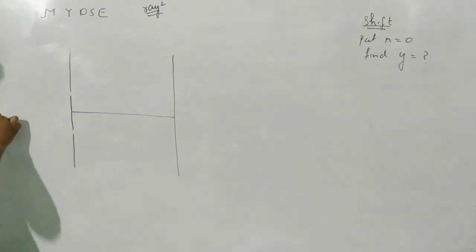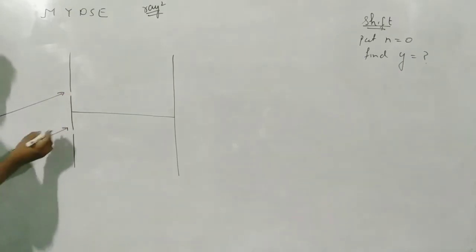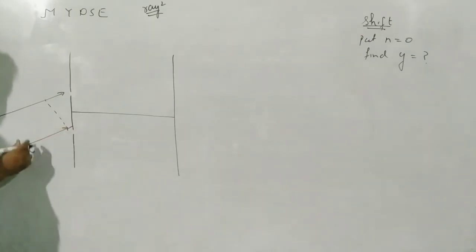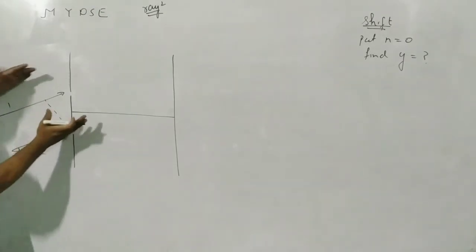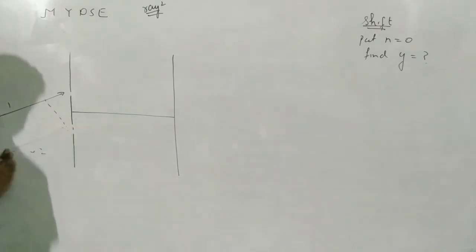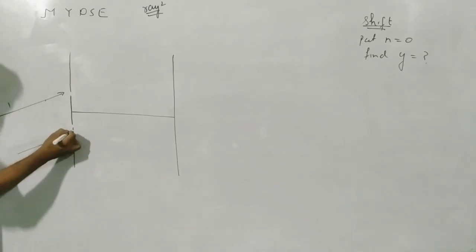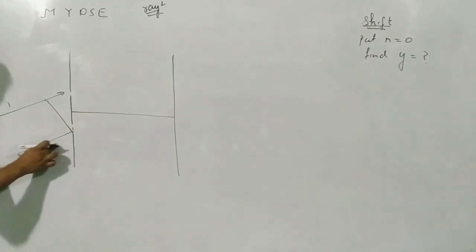Sometimes they will give you the ray traveling like this, a parallel incident ray like this. So in those cases, you have to draw a perpendicular, and they will give you the angle here, let us say alpha. You can see here, this is my ray 1 and this is my ray 2. So the waves are going like this. Perpendicular to this line is this, and perpendicular to this one is this.